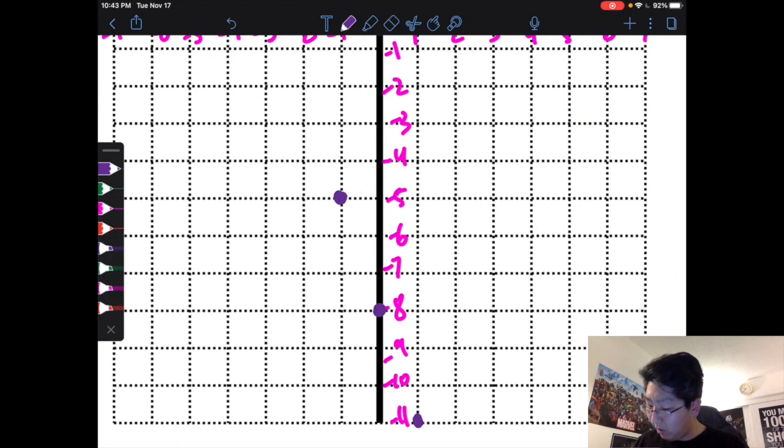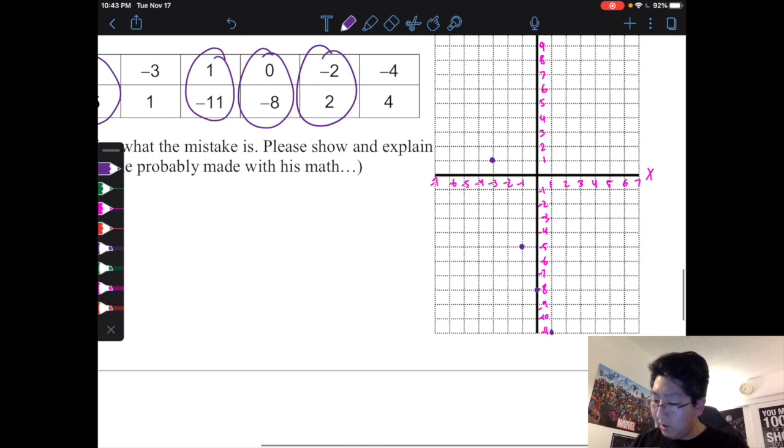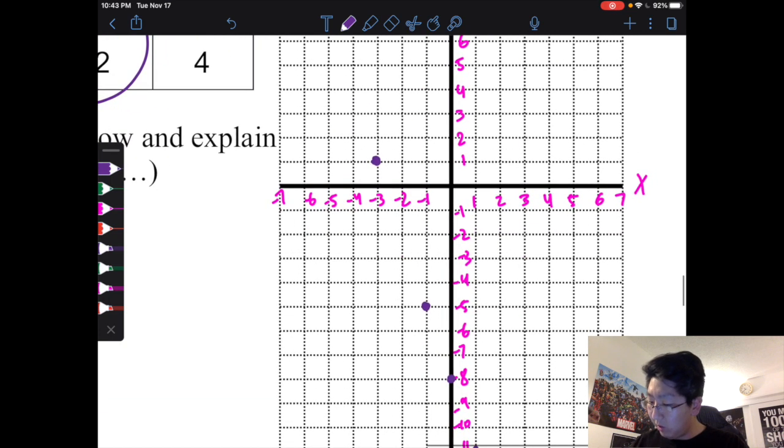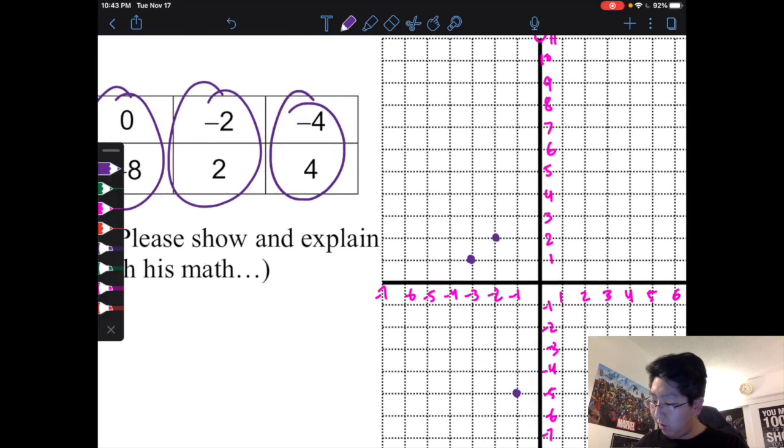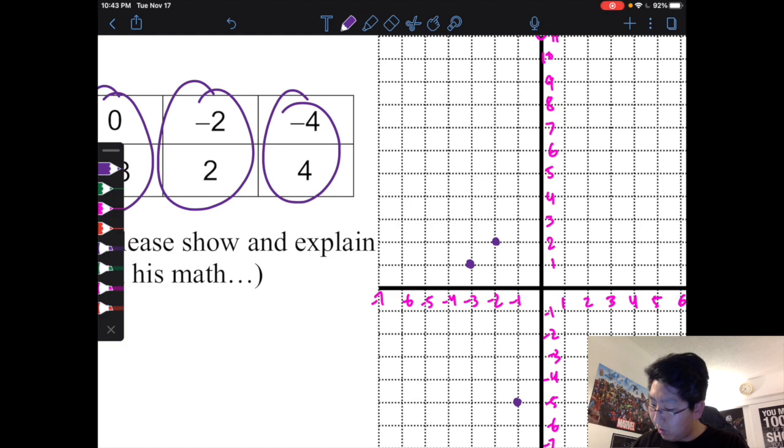That's our y-intercept. (-2, 2). And (-4, 4): 1, 2, 3, 4.